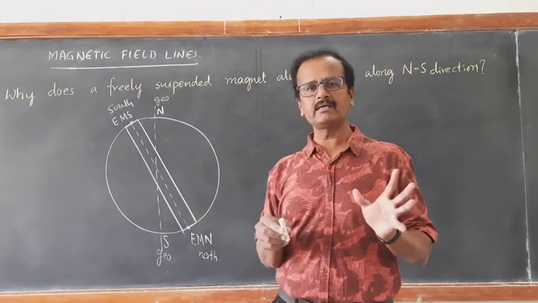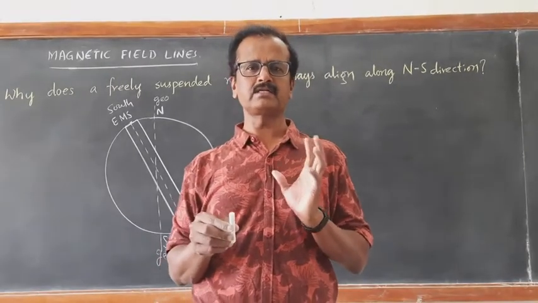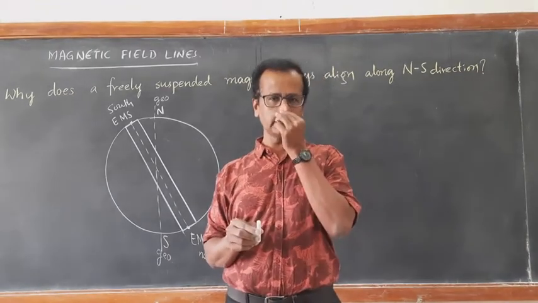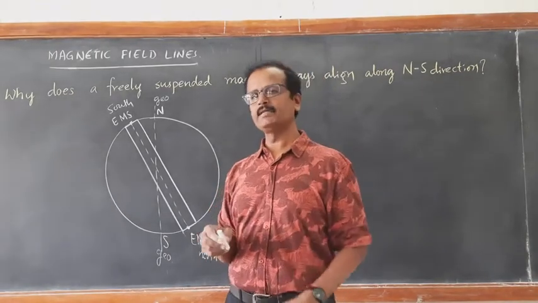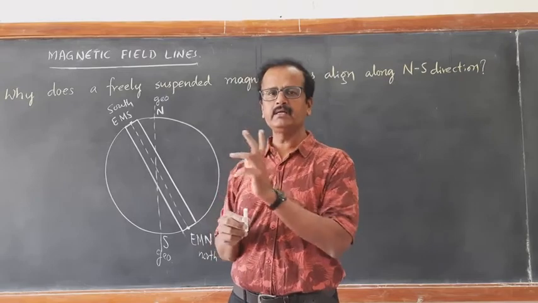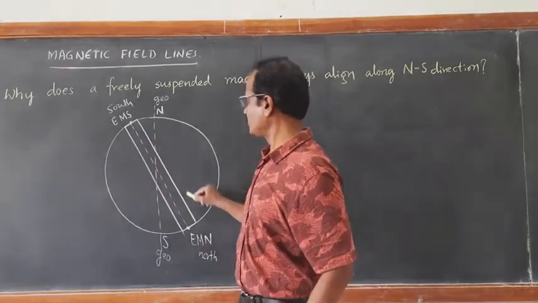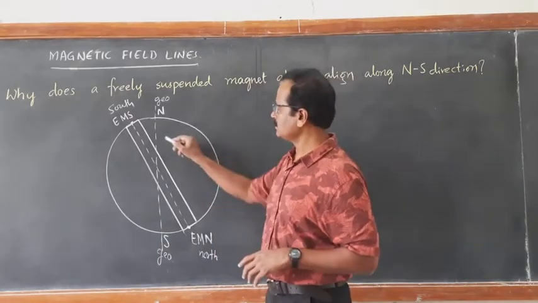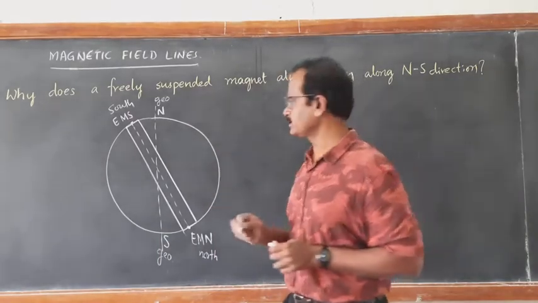Therefore, any magnet, if you freely suspend it or pivot it at its center, with the center as its point of pivotation, then it will be always pointing along the north-south direction. The reason is the Earth behaves like a huge bar magnet.